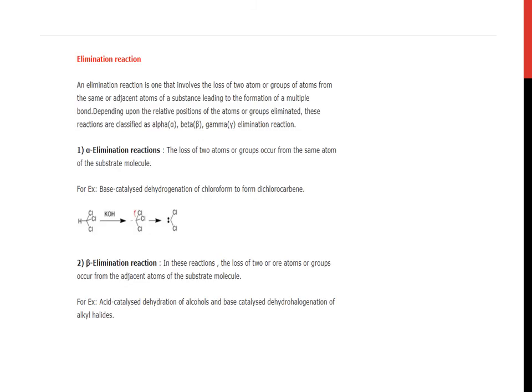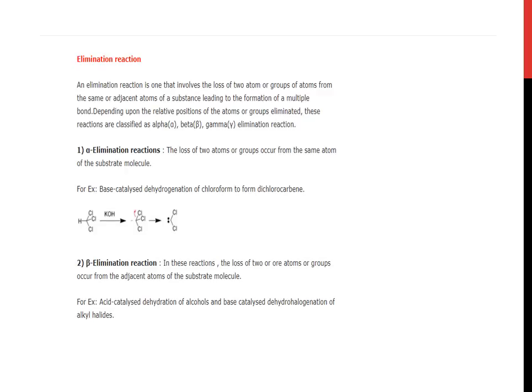Elimination reaction. An elimination reaction is one that involves the loss of two atoms or groups of atoms from the same or adjacent atoms of a substance, leading to the formation of a multiple bond, depending upon the relative positions of the atoms or groups eliminated. These reactions are alpha, beta and gamma.